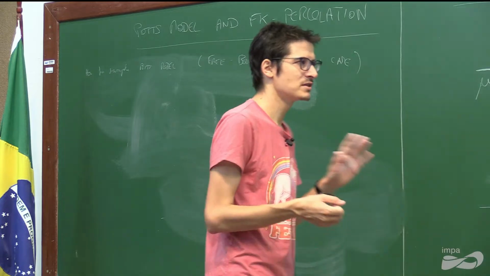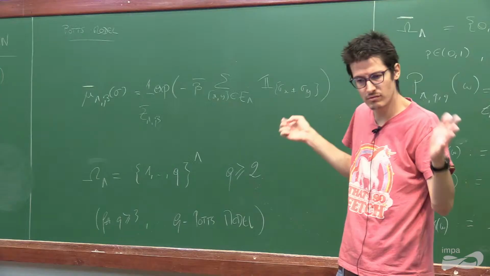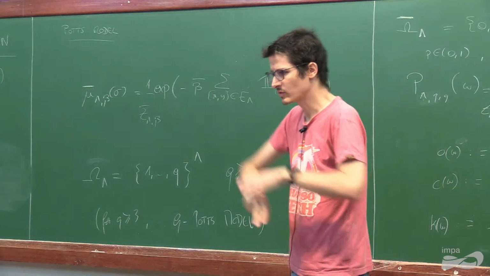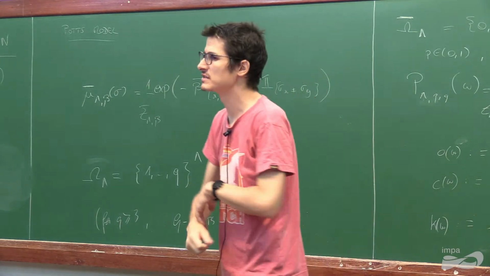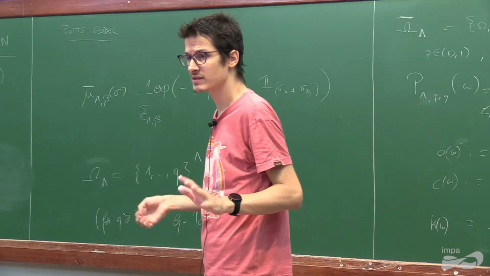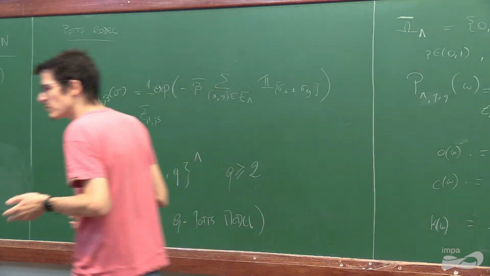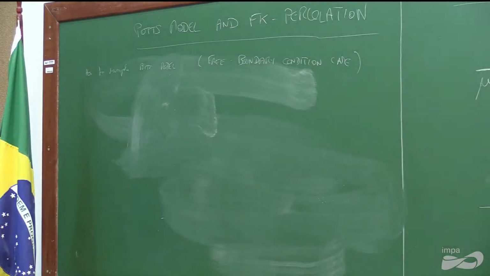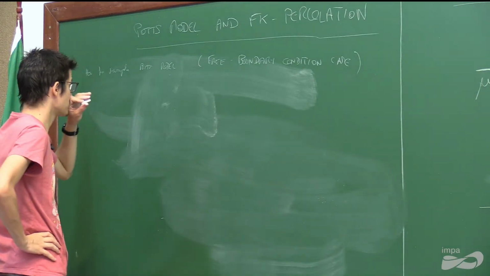Here I'm considering that there is no interaction with the boundary, but like for the Ising model, for the Potts model you could also consider edges linking Lambda to the boundary, taking them into account, with everything outside of your box given by a fixed configuration. Maybe the most interesting cases are those where what's outside the box is monochromatic, say all equal to 1. But right now we are focusing on the free boundary case.